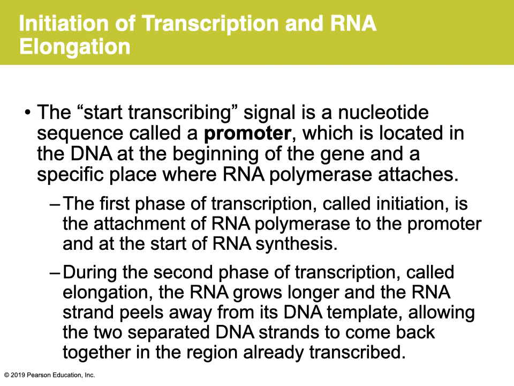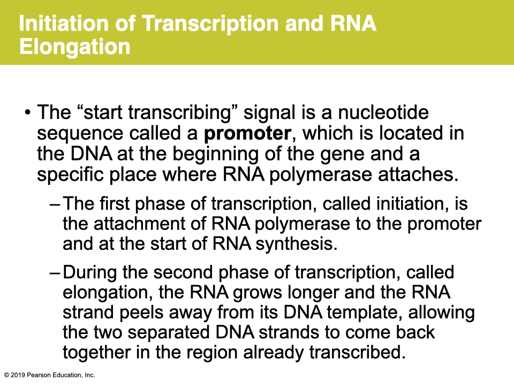Now, the point at which this begins, right? If you're making copies of the DNA, you've got multiple replication bubbles because you're copying the whole thing. How do you know where to start transcribing that DNA to form that RNA? Well, there's something called a promoter. It's the signal. It's a nucleotide sequence that is located in the DNA at the beginning of a gene, and it's the specific place where the RNA polymerase comes and attaches.